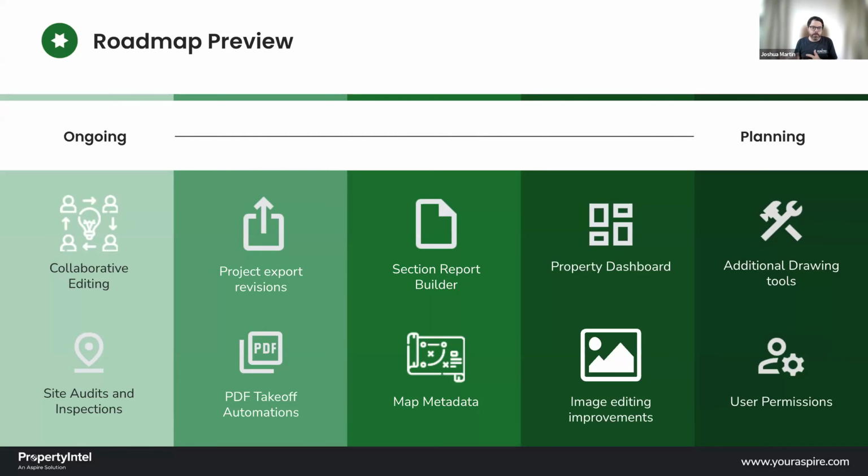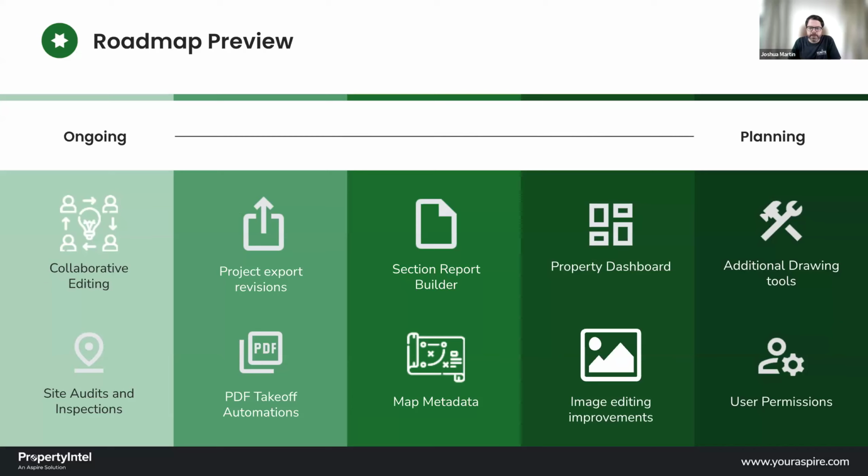We're really excited about that and about starting to get that next generation of functionality related to PDF takeoffs into the system. So a lot of our summer is going to be taken up with that effort.